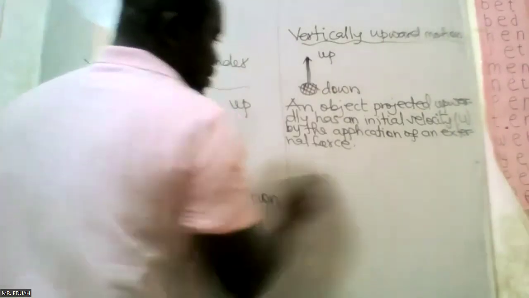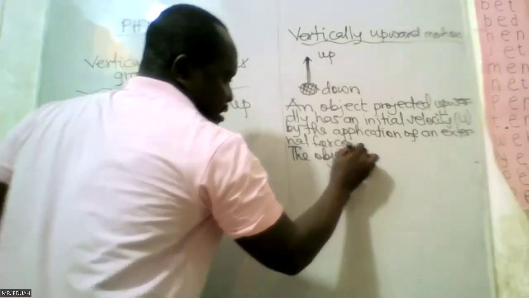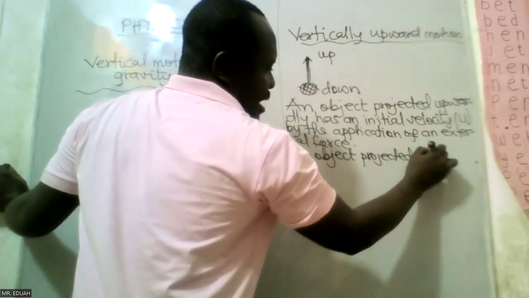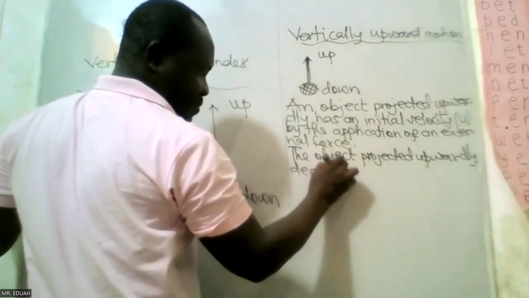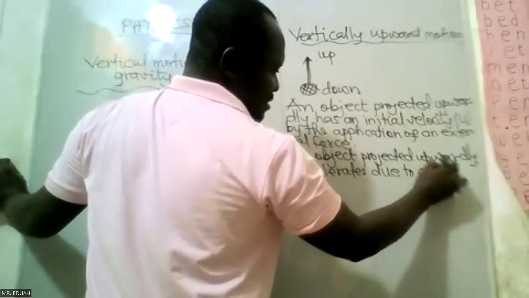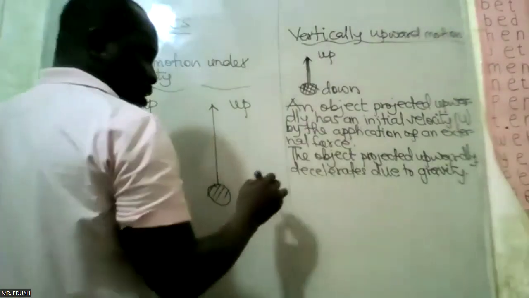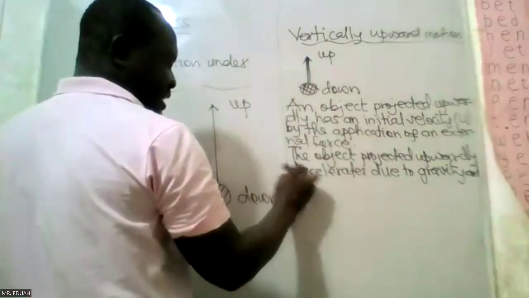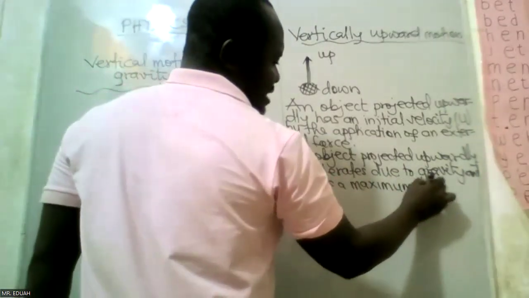All right. So the object projected upwardly decelerates due to gravity and reaches a maximum height.